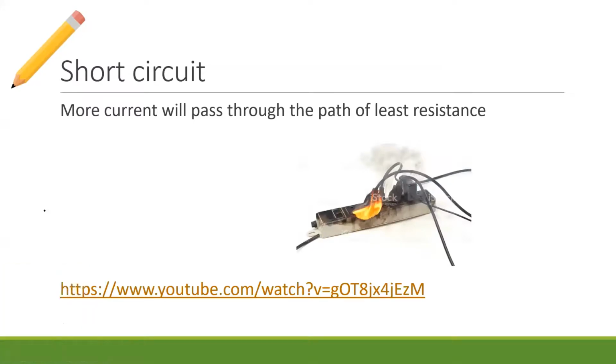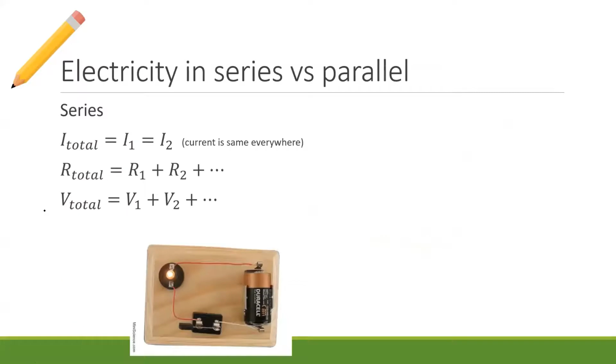Now that we've talked about short circuits, let's talk about electricity in series versus parallel. Now I've spoken about this briefly, so I guess it's time to actually deal with it. In a series circuit, firstly, the current is the same. The total current is the same throughout the whole circuit. If I was to have a circuit, let's draw this down the bottom left here.